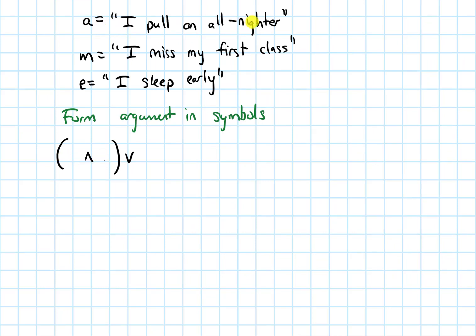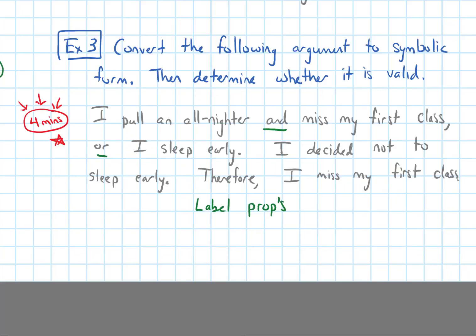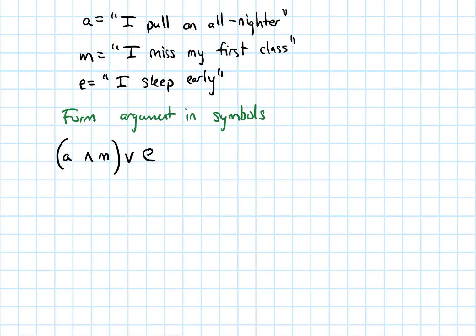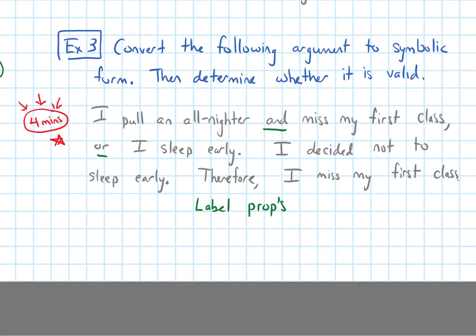One of the things was I pull an all-nighter, which is A. And the second thing was I missed my first class, which was M. And it was then or I sleep early, so it's or E. So one of the sentences was this proposition. The next sentence says I decided not to sleep early, so that's going to be the negation of E. That's the next proposition in the argument. And then we had our therefore, so 3 dots for therefore. Therefore, I missed my first class. So that's going to be M.